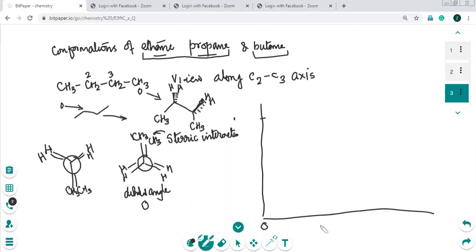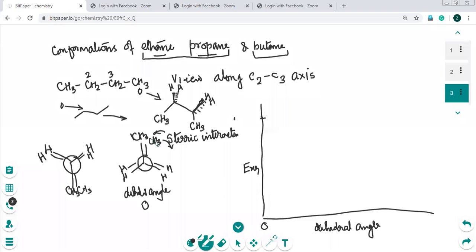Along the x-axis you have the dihedral angle, and along the y-axis you have the energy of the conformation. This is the completely eclipsed conformation. Dihedral angle is 0, and you have this level of energy. Clear?